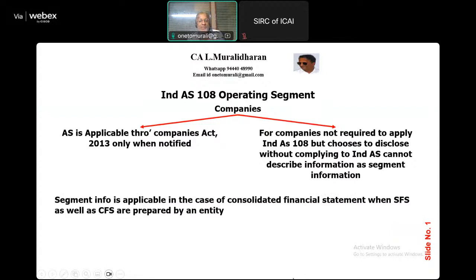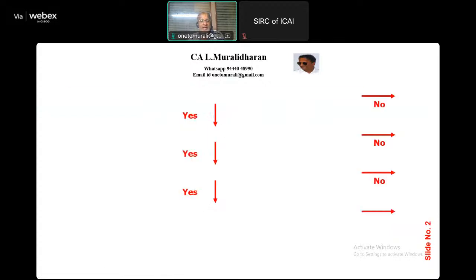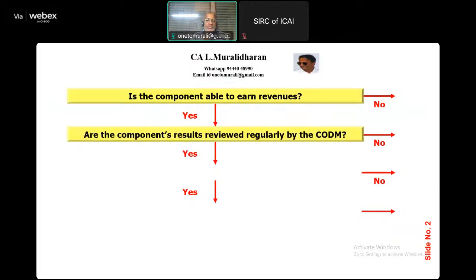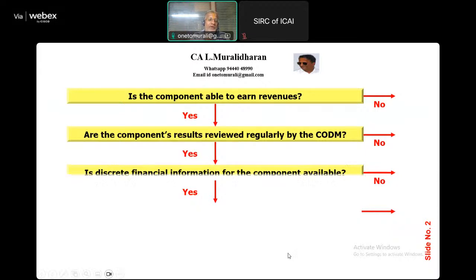Segment information is applicable in the case of the consolidated financial statement when SFS as well as CFS are prepared by an entity. Is the component able to earn revenue? See, what will happen if it were to be no, we will take it up. Or are the component results reviewed regularly by the chief operating decision maker, or CODM?